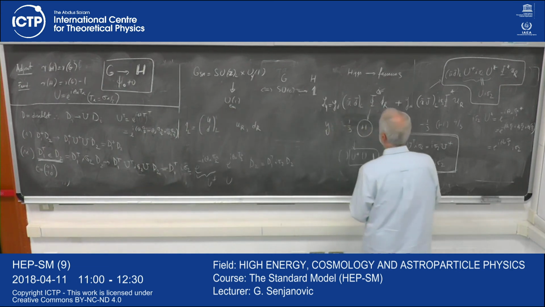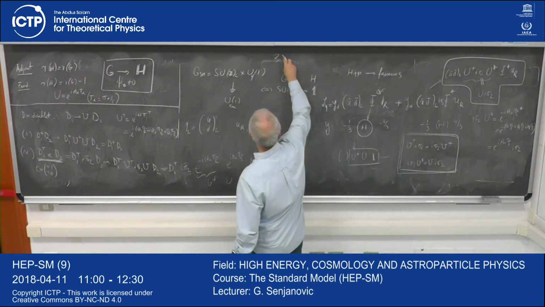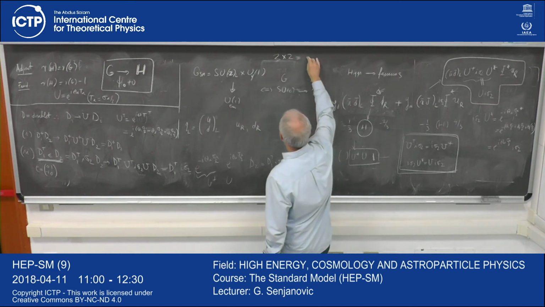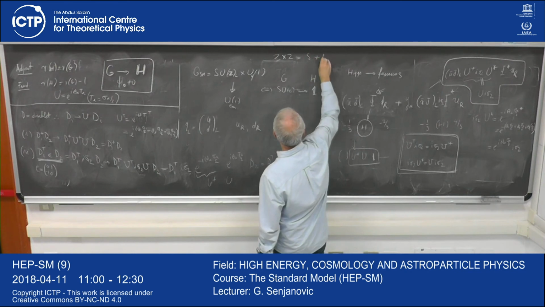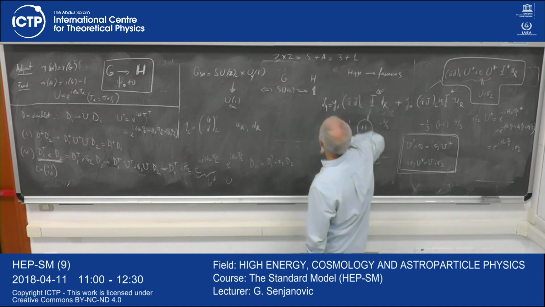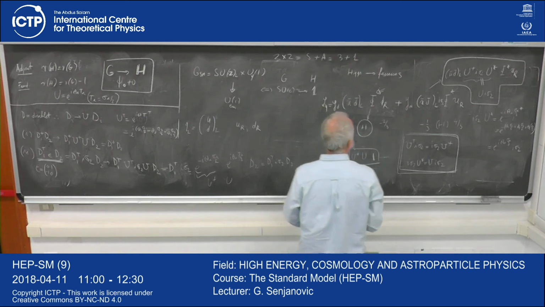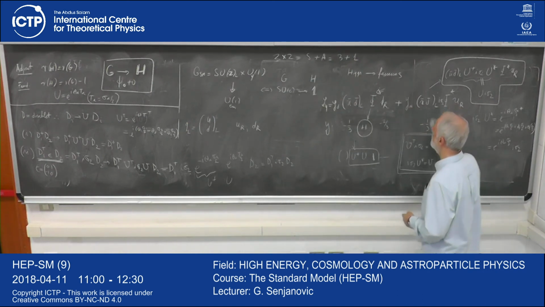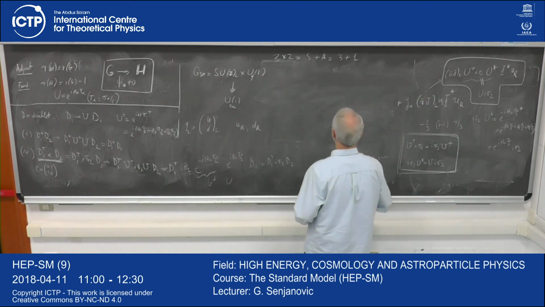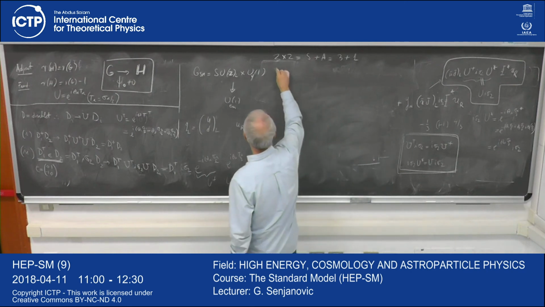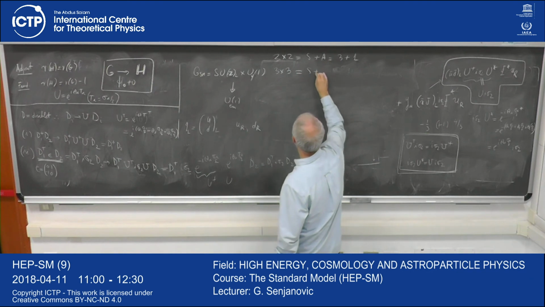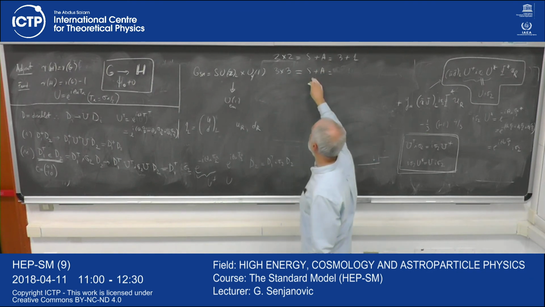All I'm saying here is the 2 times 2, product of two doublets, is symmetric plus anti-symmetric, which is 3 plus 1. If I do it in SU3, very easy to count.